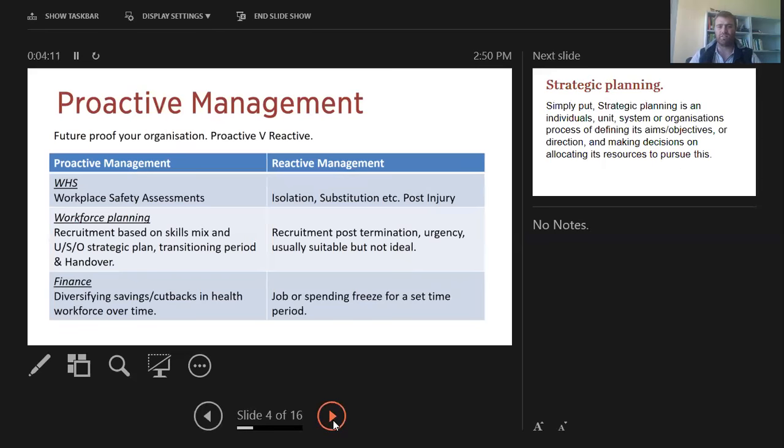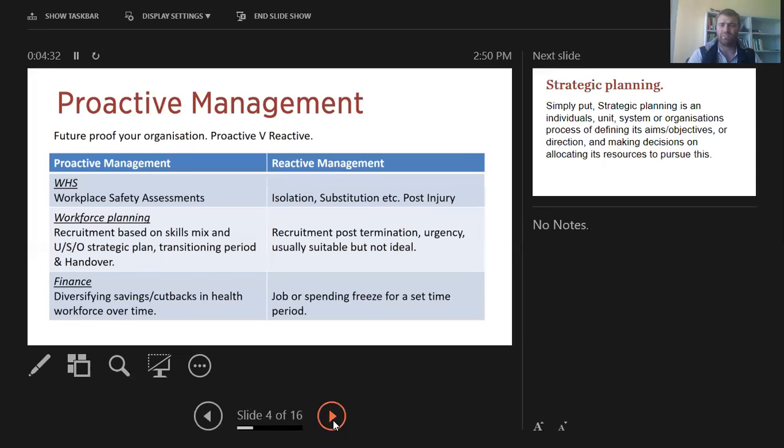So we looked at it in terms of work health safety. We did assessments on it, and we made it safer by having a contractor come in and take a couple of centimetres off that second last step to make sure that it was within code. A reactive approach would have been waiting until someone tripped and did themselves a significant injury.